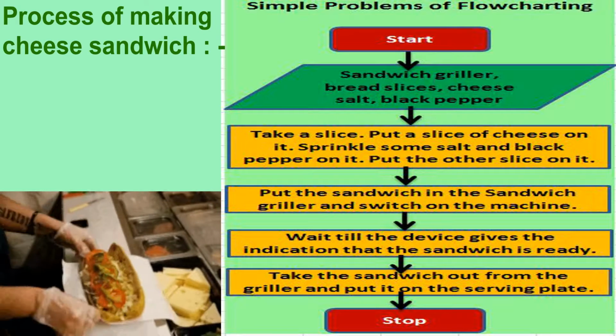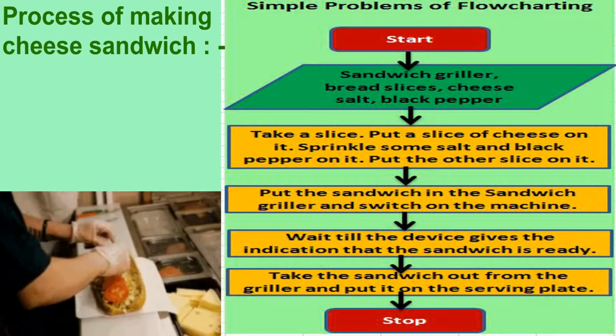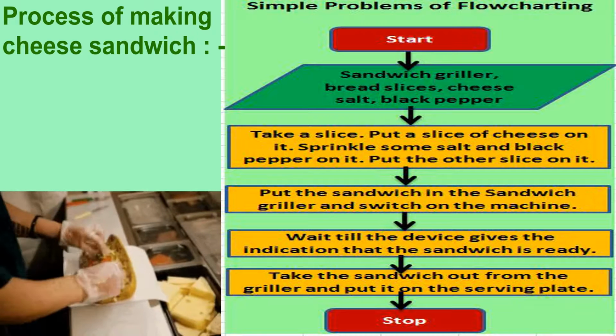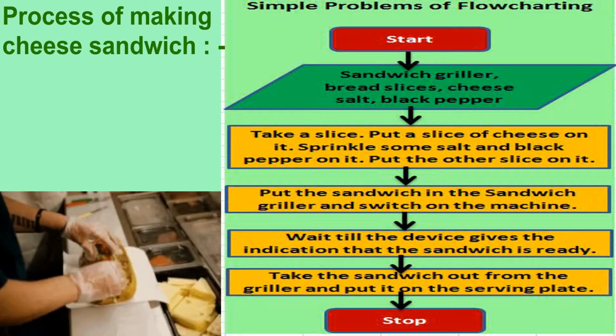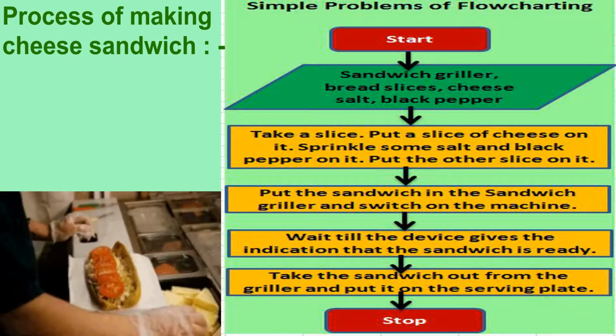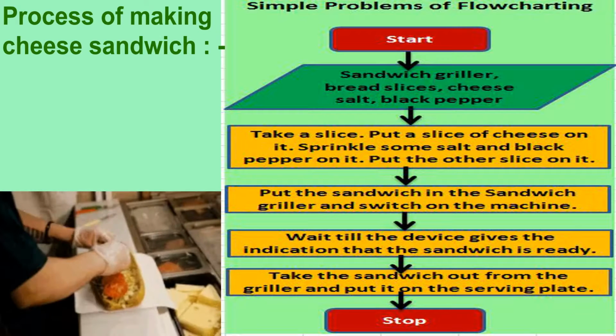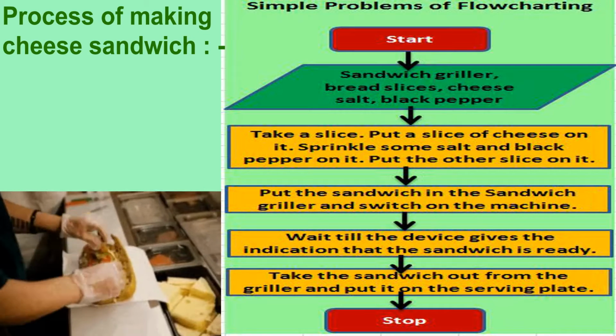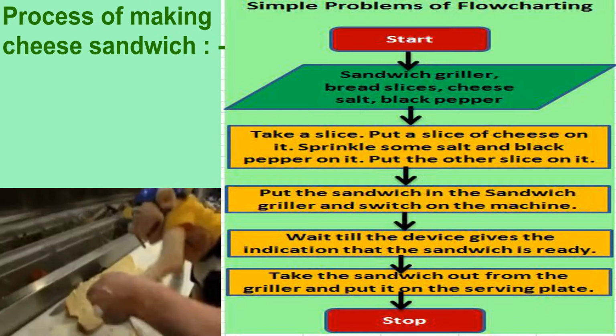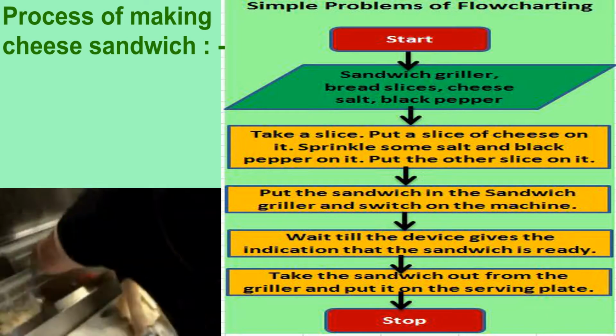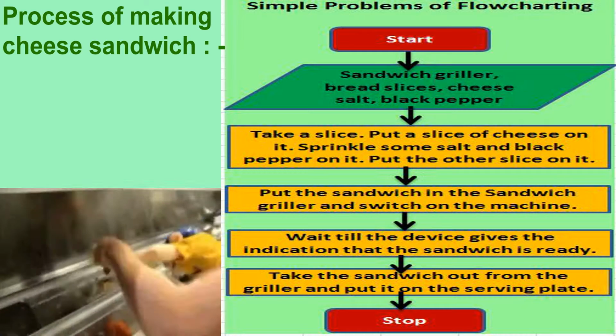First process is take a slice, put a slice of cheese on it, sprinkle some salt and black pepper on it. Put the other slice on it. Second process, put the sandwich in the sandwich griller and switch on the machine.